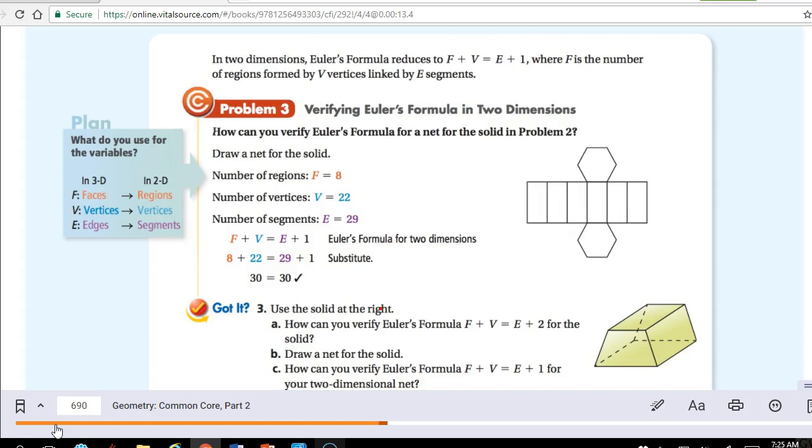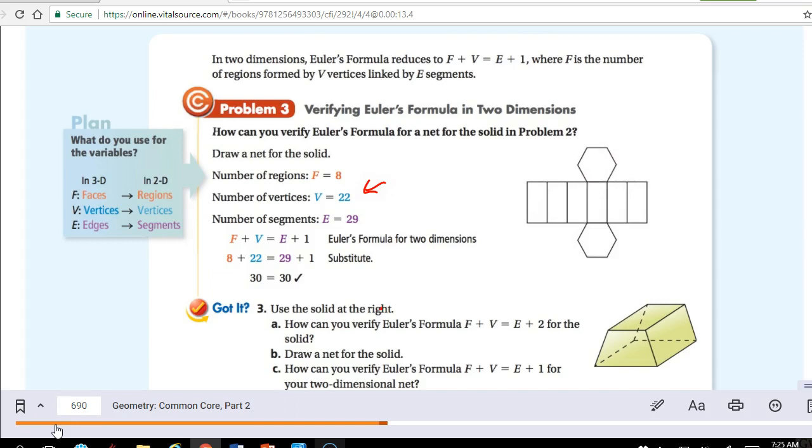Now, once it is laid out flat, if you count the number of faces, then you have, of course, 1, 2, 3, 4, 5, 6, 7, 8. So that's where they're getting 8 here. The number of vertices, again, you would just count. You've got 6 there, 7, 8, 9, and so on up to 22, which is why they have 22 there. And then again, if you wanted to count the edges, you've got 1, 2, 3, 4, 5, 6, 7, 8.